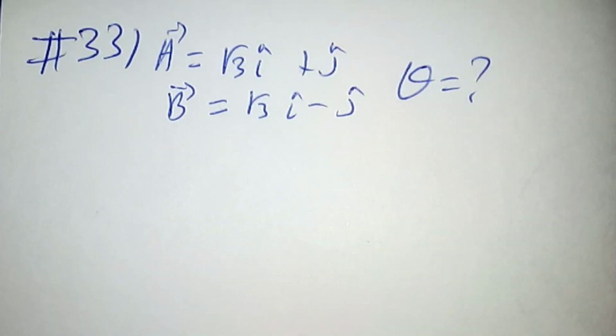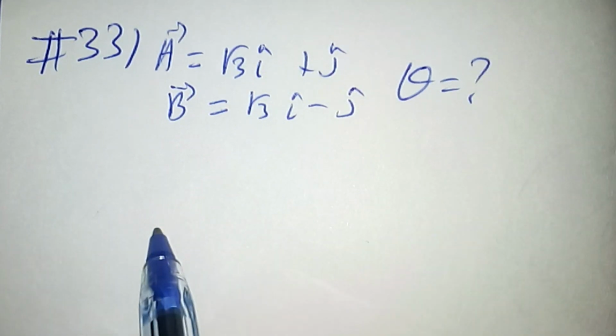Vectors A and B are given. Then what is the angle theta, the smaller angle between vectors A and B?